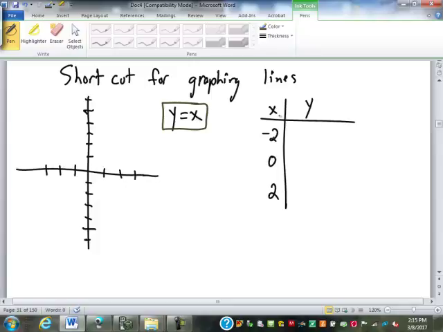Well, y equals x, so if x is -2, y is also -2. If x is 0, what's y have to be? 0. And if x is 2, y would be 2.